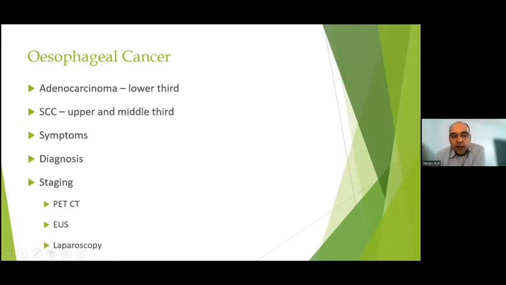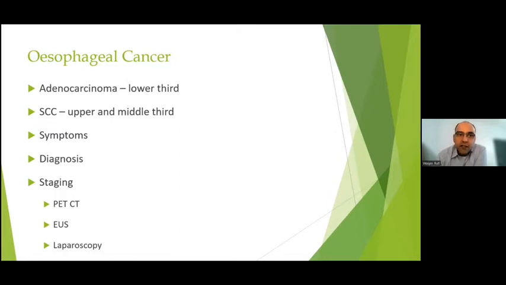Right. So the first topic we are going to touch on is esophageal cancer. The incidence of adenocarcinoma is rising all over the world, but if a question asks which is the most common cancer of the esophagus, that's SCC, because the esophageal lining is squamous.